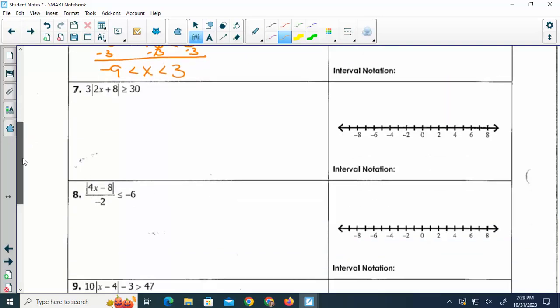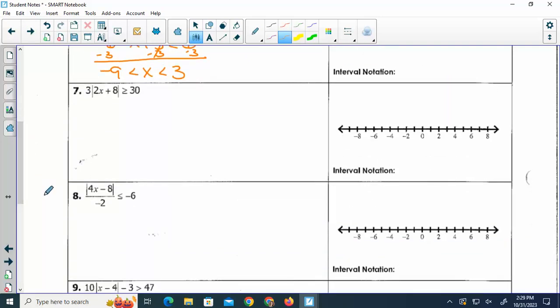Let's go to 8. What do we have to do first on this one? We need that absolute value by itself. We currently have a -2 on the denominator. If you multiply by a negative, what happens in your problem?